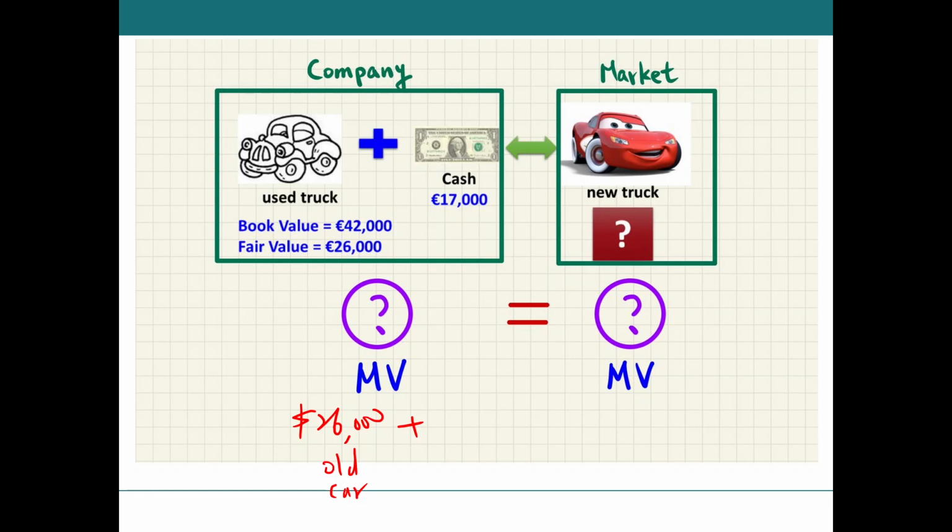So the more cash, how much? $17,000 in cash. So for the market, they think only these two total value are the same value as their new car. So that's how we find out the new car's value. Should be $43,000 for the new car.